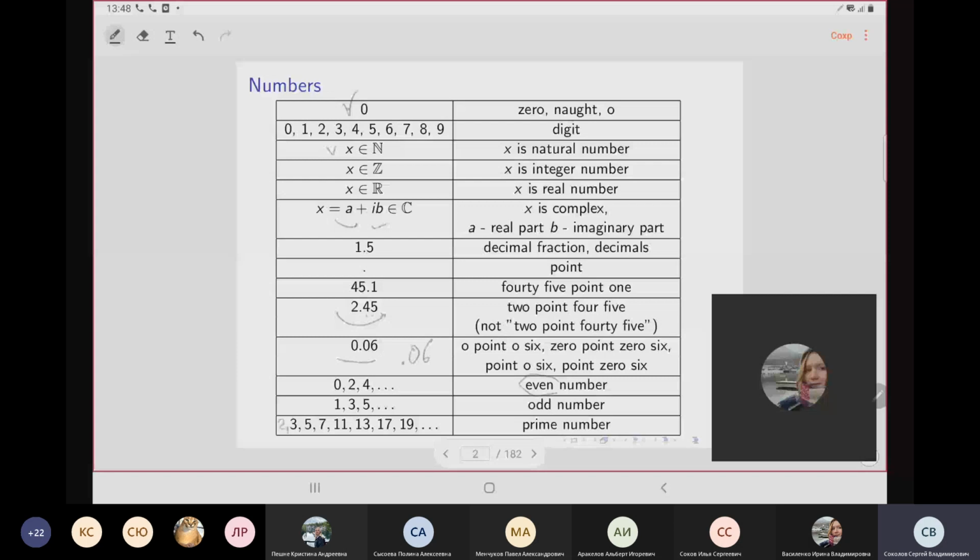Next, some actions. The equalities: x equals 0 or x is equal to 0 and so on. Next action is addition. We say 2 plus 3 is 5, or 2 plus 3 totals 5.